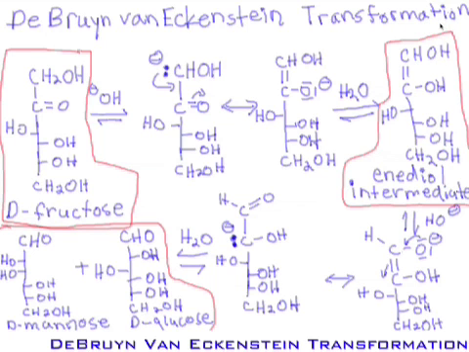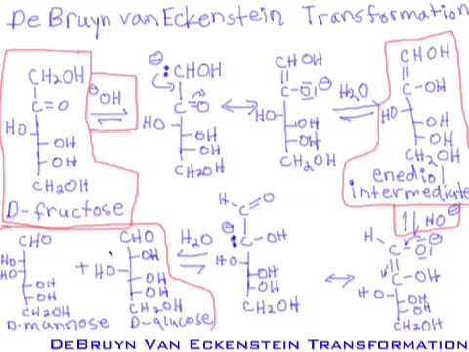And all I expect you to know from this transformation is what I've drawn in red. I've left a few things out. I'll circle a couple more things in red. You need this. So D-fructose in base gives you the enediol intermediate. And the enediol intermediate, again reacted in base, gives you D-mannose and D-glucose.